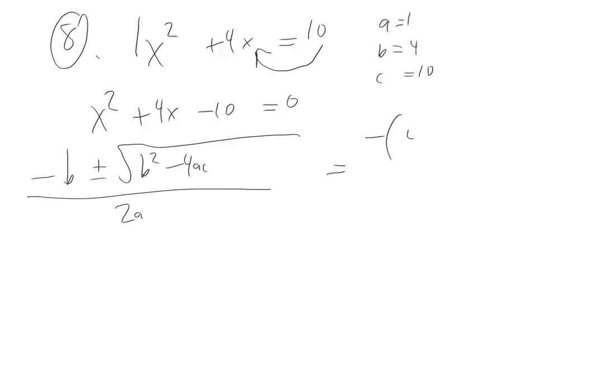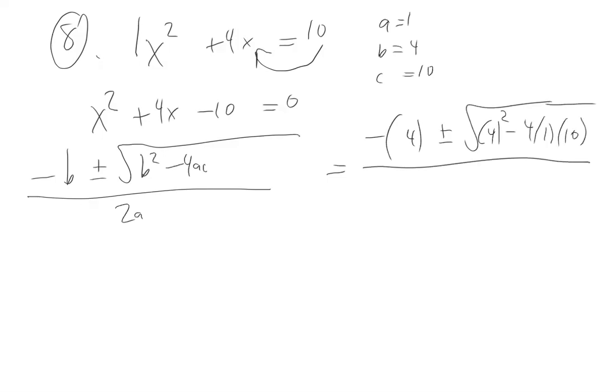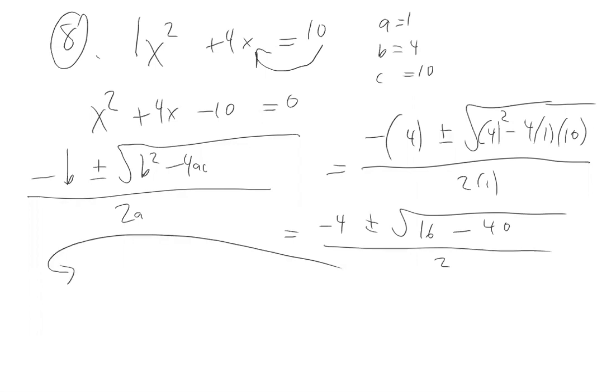So it'd be negative 4 plus or minus square root of 4 squared minus 4 times 1 times 10, all over 2 times 1, which equals negative 4 plus or minus 16 minus 40, all divided by 2, which equals negative 4 plus or minus 16 minus 40 would be negative, let's see, negative 24.